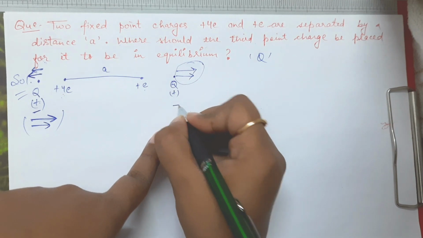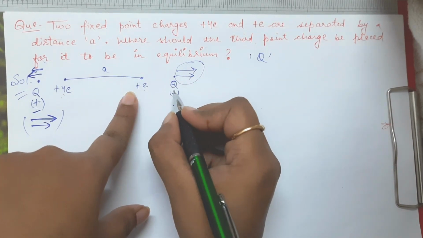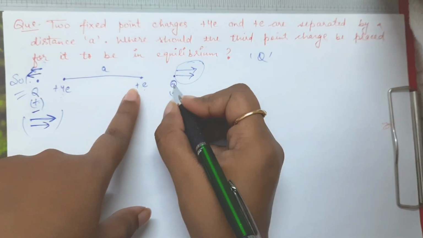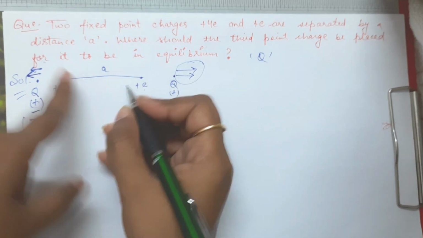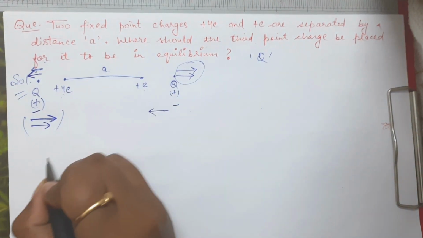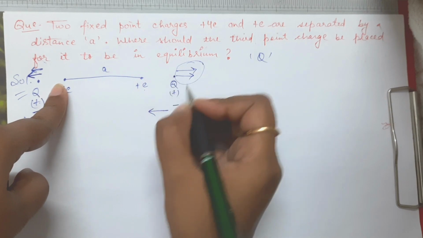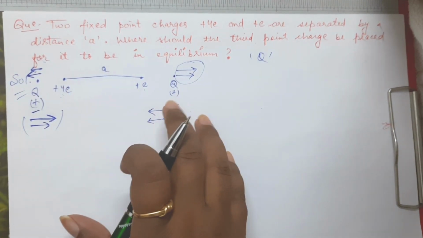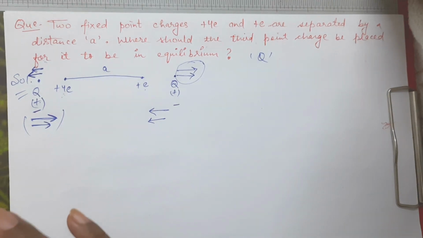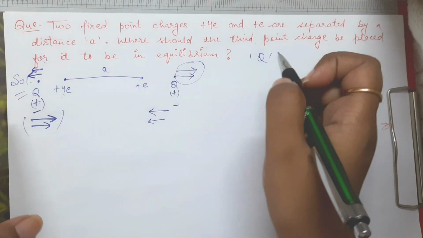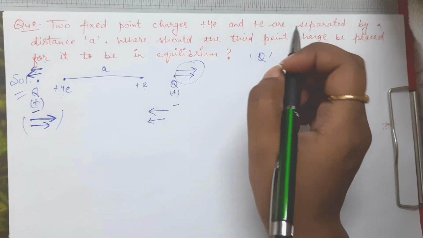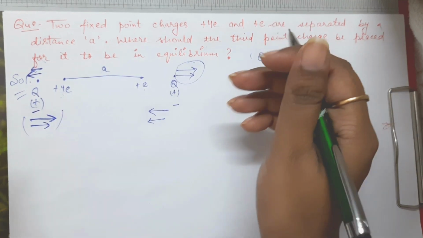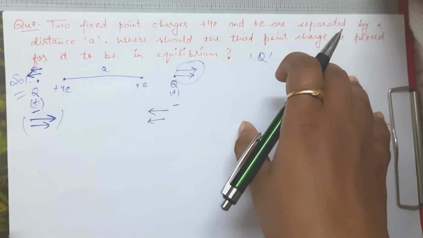Similarly here, this is positive, sorry, this is negative, so it will attract it towards itself. This will also attract this charge towards itself. So in this case also you cannot get this charge at equilibrium. So definitely this charge Q, whether positive or negative, we cannot place it outside, towards the left or right hand side.